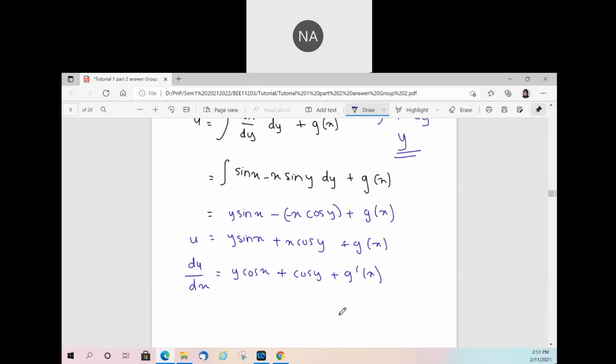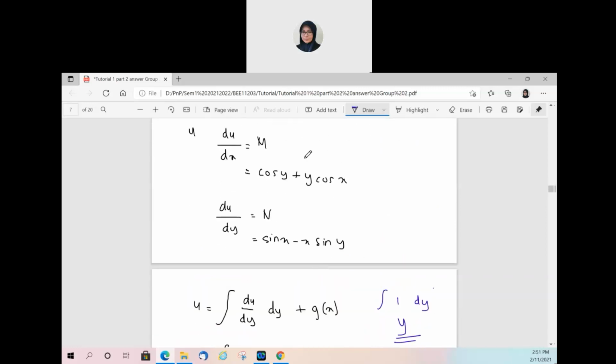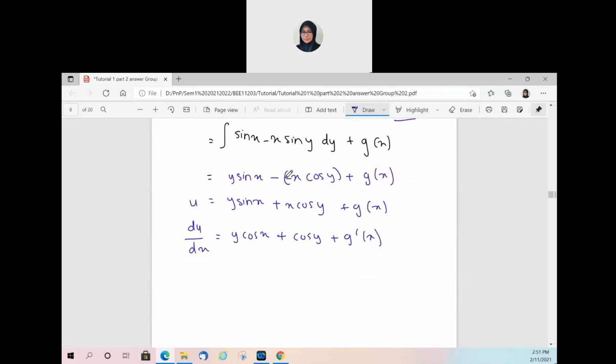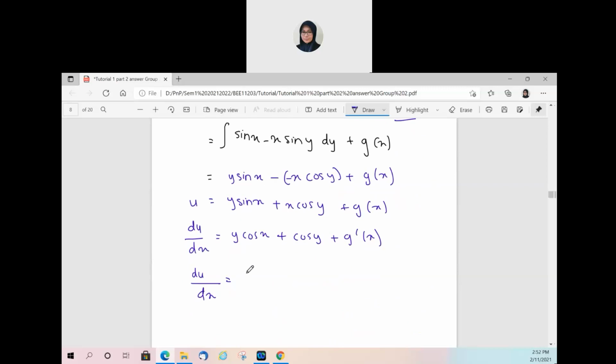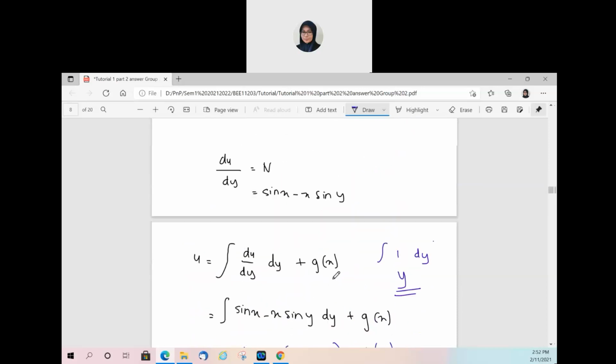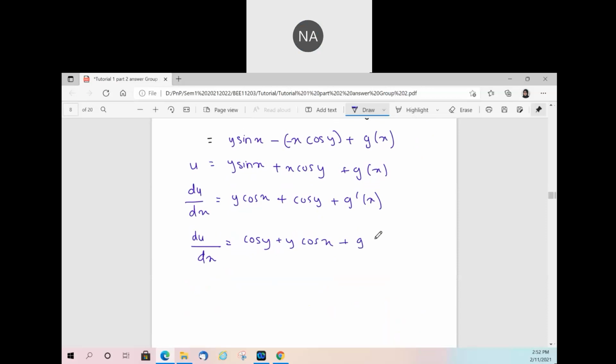Then you compare these equations with this one. Then cos y plus y cos x plus g prime.